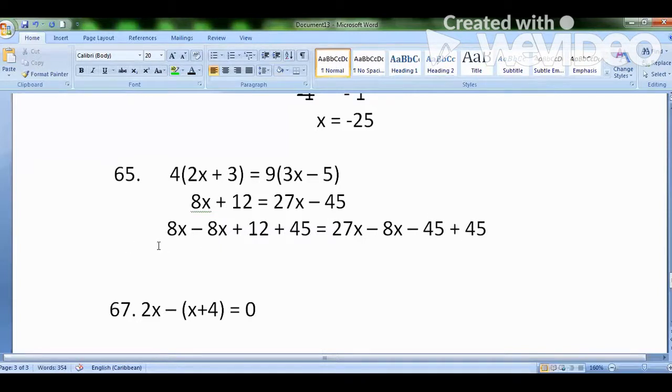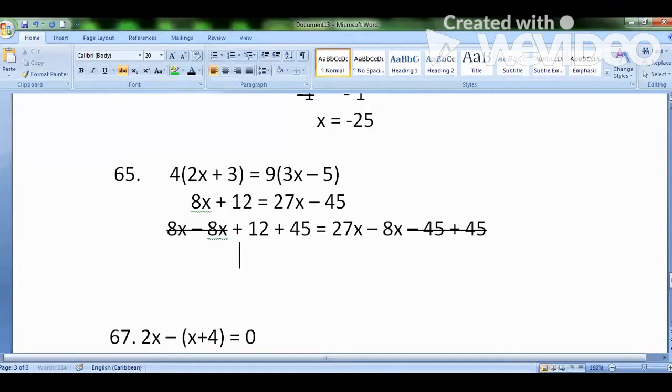Very good. So that will go away, and that will go away. So then I have 57 equal 19x.